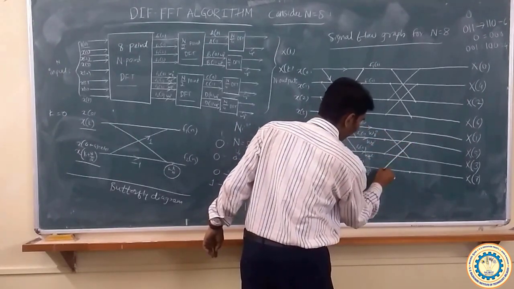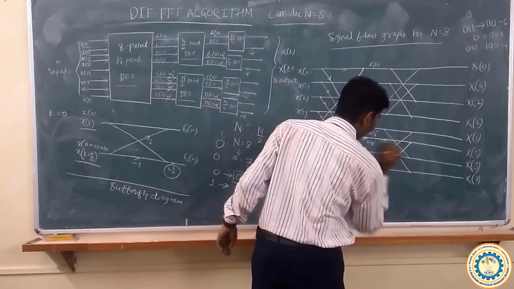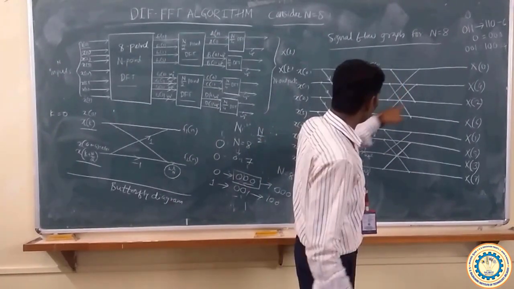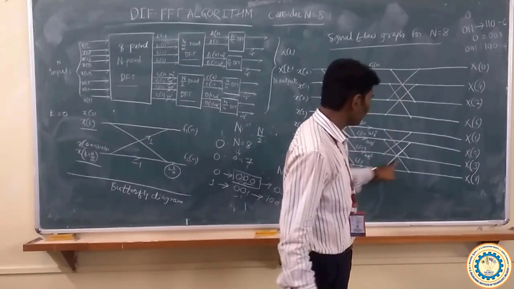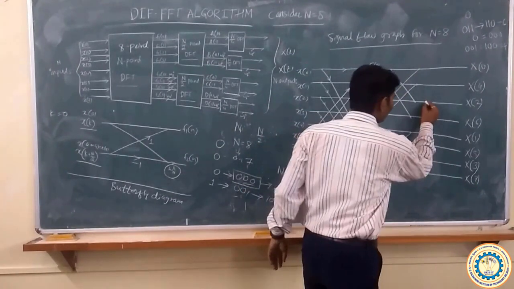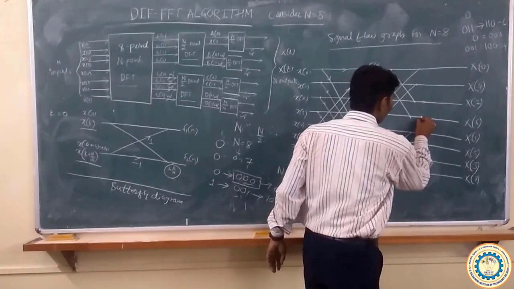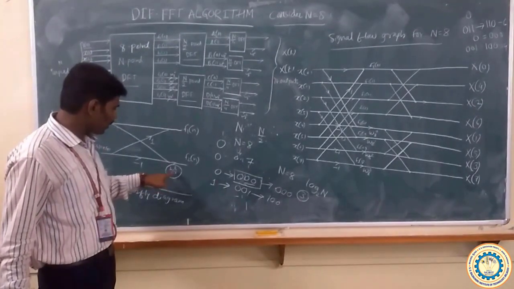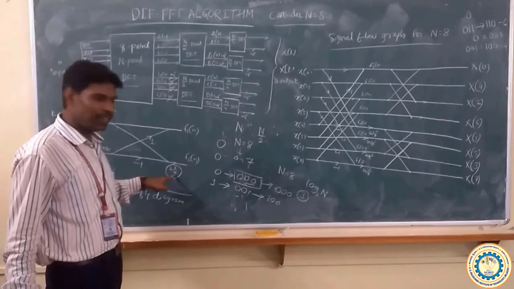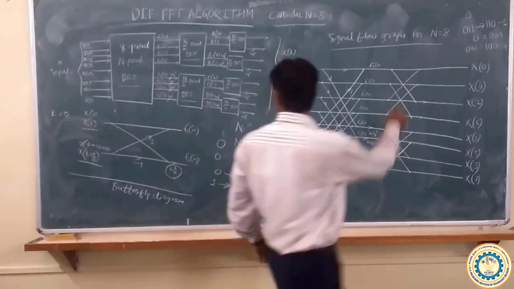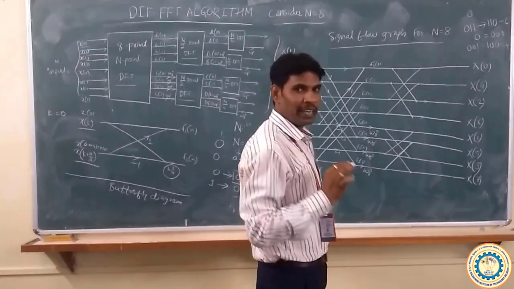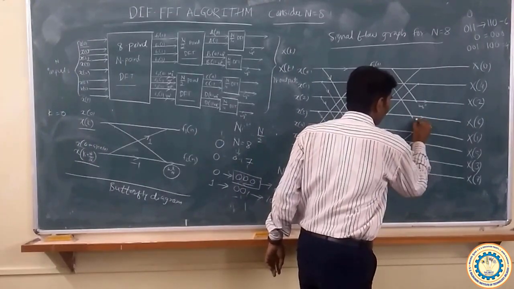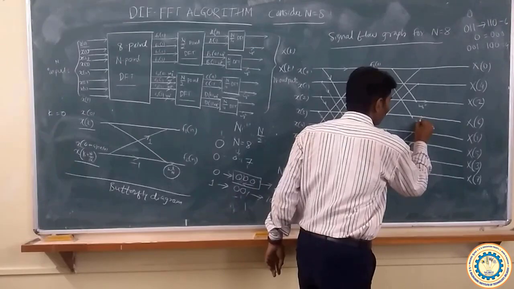So this is N by 2, that is a 4-point DFT, and this is another 4-point DFT. Here the twiddle factor is Wn raised to k, where N is the size of the DFT. Here we are computing a 4-point DFT, so it is supposed to be W4 raised to 0 and this is supposed to be W4 raised to 1.